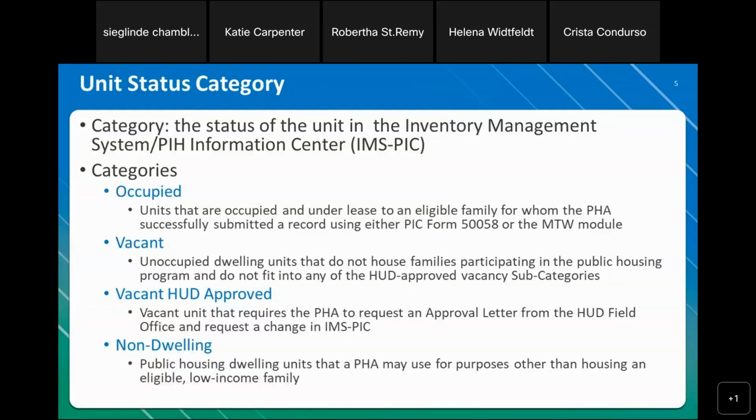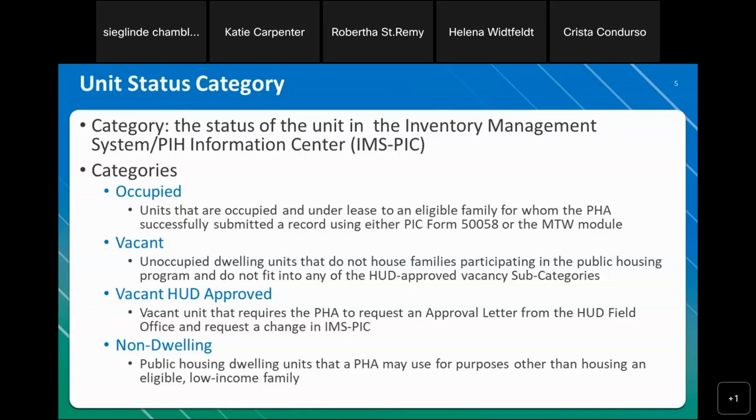But again, going forward, we just refer to it as PIC. HUD has established 4 major categories, as you can see on this particular slide. And it talks about the category for occupied, vacant, HUD approved, and non-dwelling. But each one of those has their own nuances or differences.